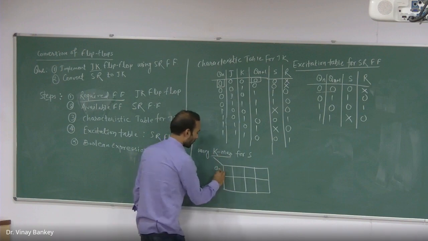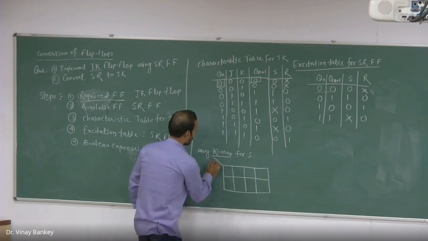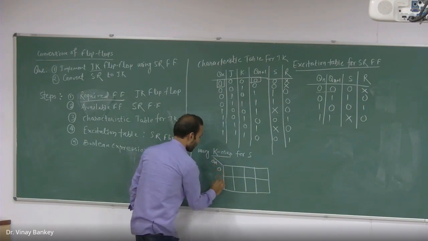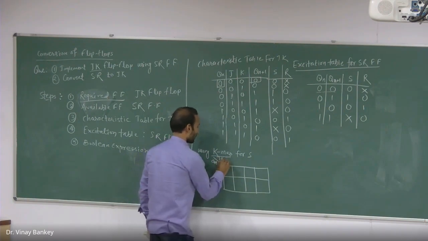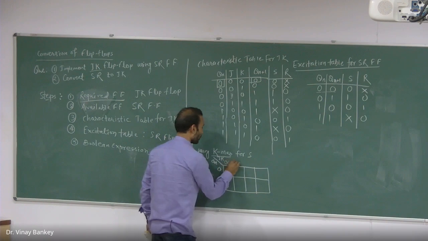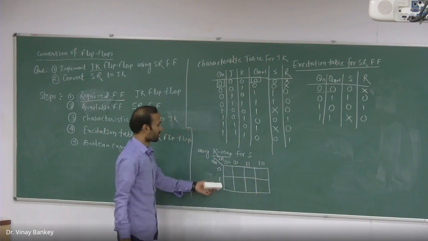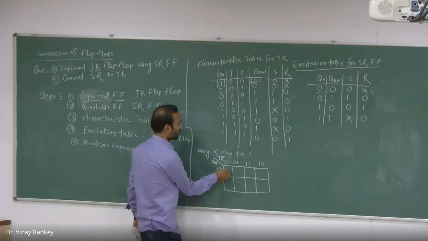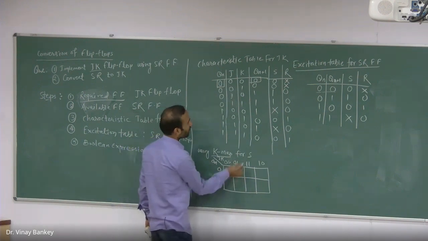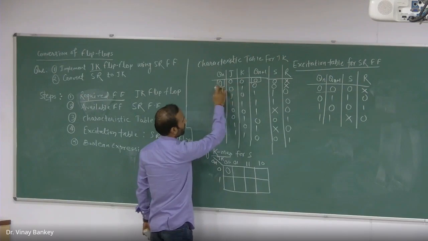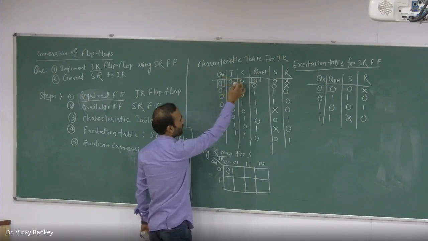So I have Qn here, and this will be J and K. So 0, 0, 0, 1, 1, 1 and 1, 0. Now fill this K-map. Because these are three variables, Qn, J and K.